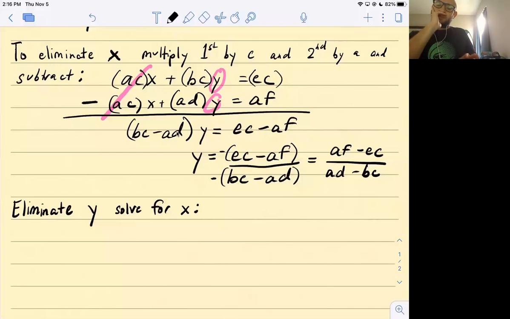Let's see here. And message me when you got the answer. I'll give you some feedback. All right, so far we got one student who got it.